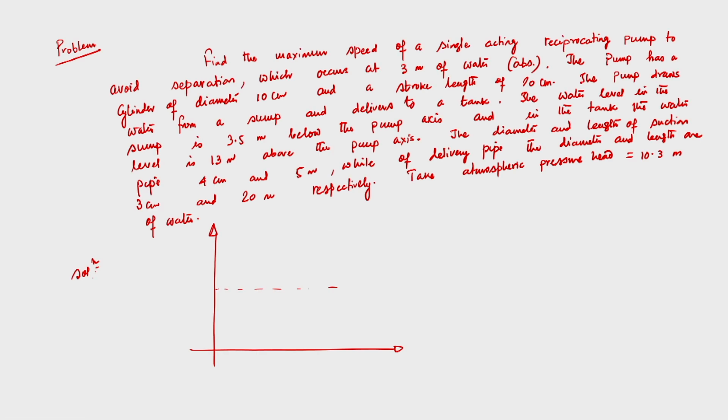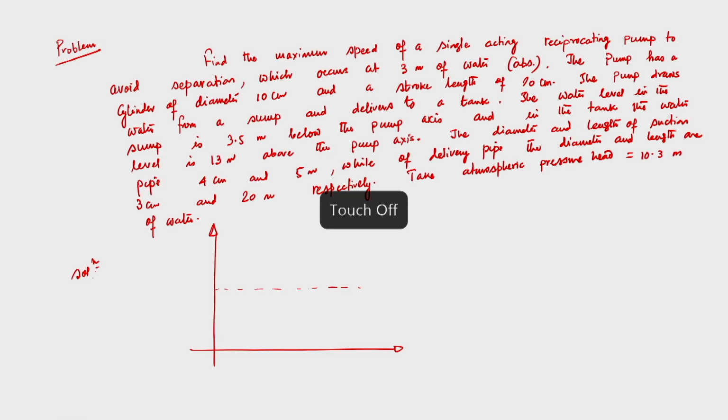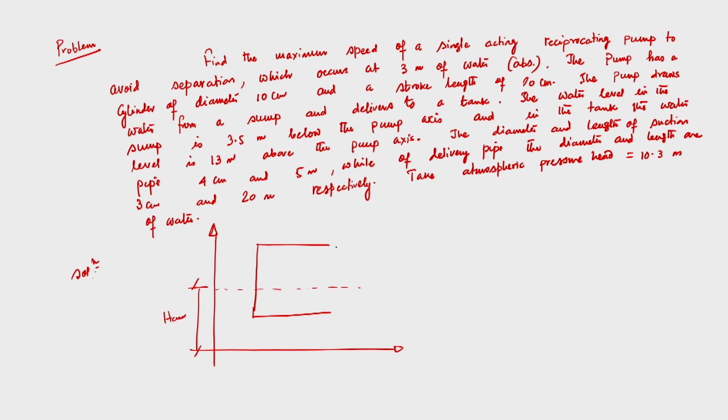This is the atmospheric pressure, so this is H atmospheric. Then we have the ideal one, then modified with inertial pressure, and then the frictional effect.